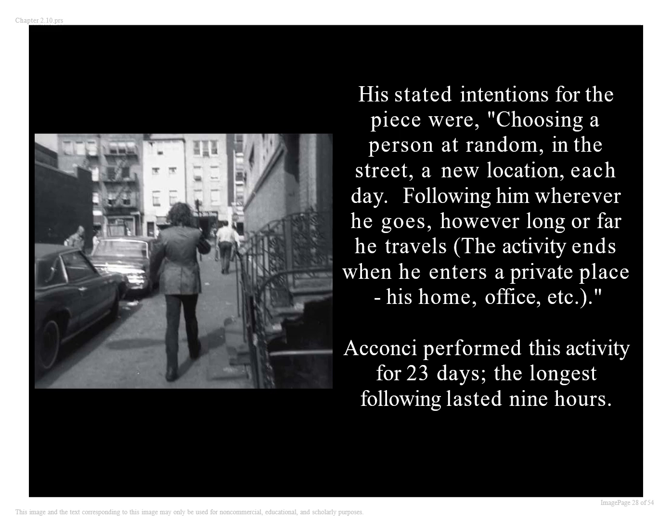His stated intentions for the piece were choosing a person at random in the street, a new location each day, following him wherever he goes, however long or far he travels, and then the activity ends when he enters a private place, his own office, etc. He performed this activity for 23 days, and the longest following of an individual lasted 9 hours. It is a very interesting idea, but with today's concerns about personal space and privacy, I think that would raise a whole other layer to doing something like this now.